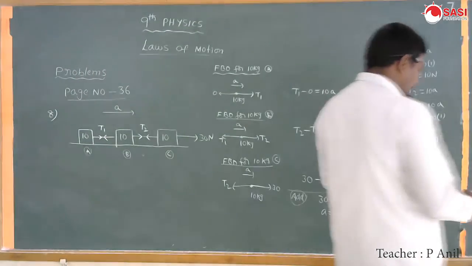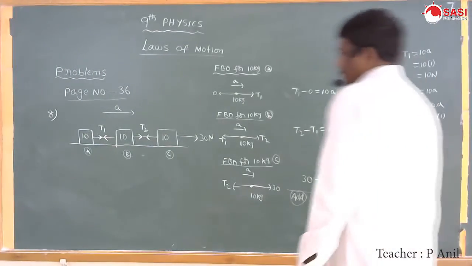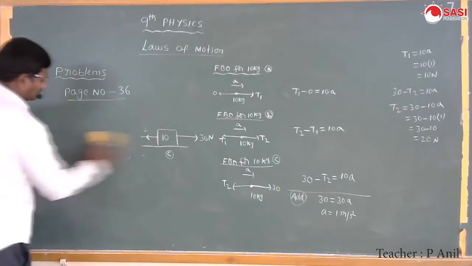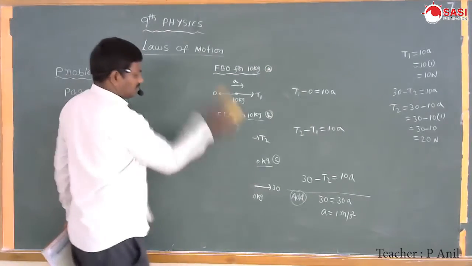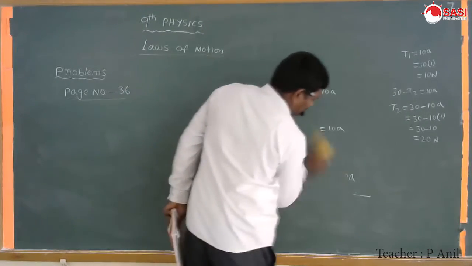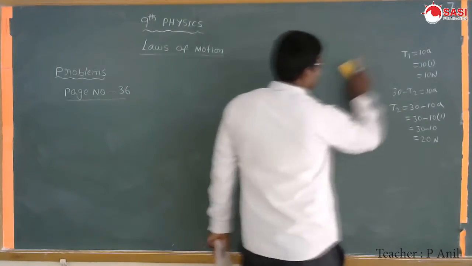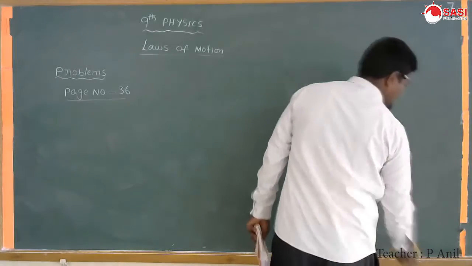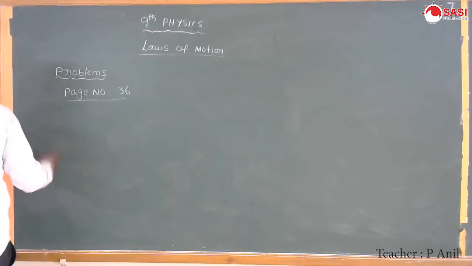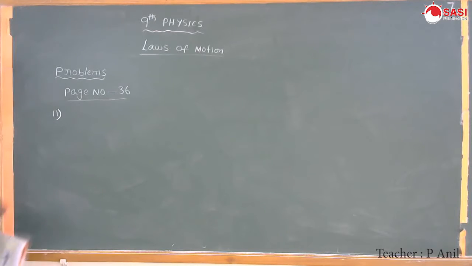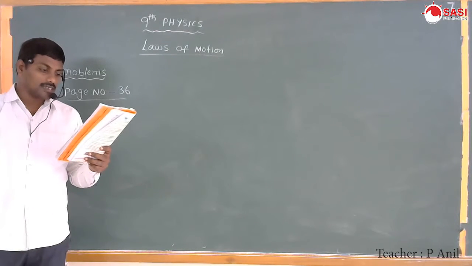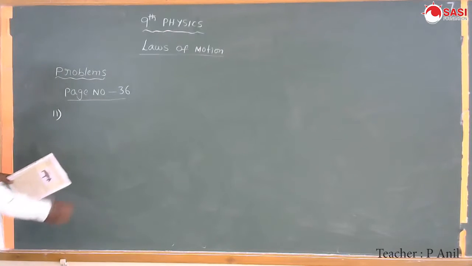Now we take the 11th problem. A vehicle has a mass 1500 kg.